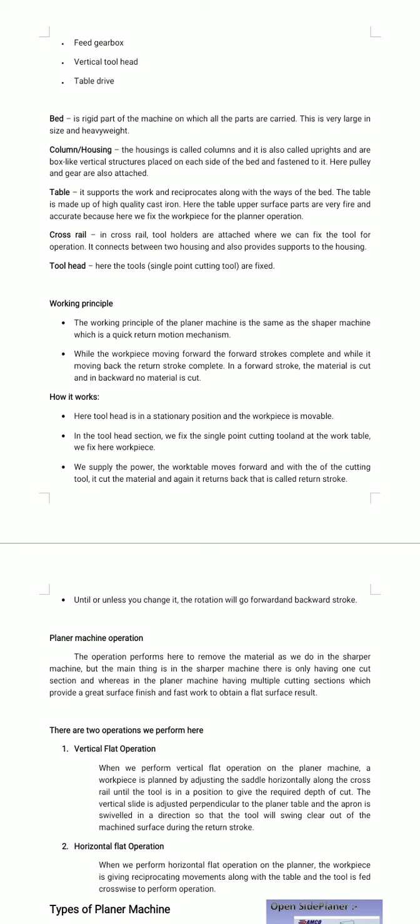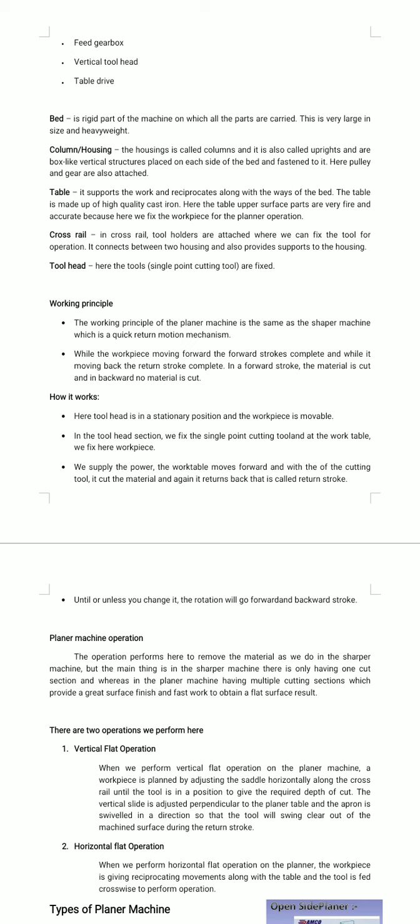Initially, the tool head of the machine is in a stationary position and the work table can be moved. The single point cutting tool is fixed in the tool head and the workpiece is fixed on the work table.